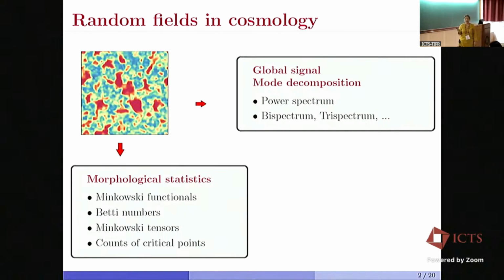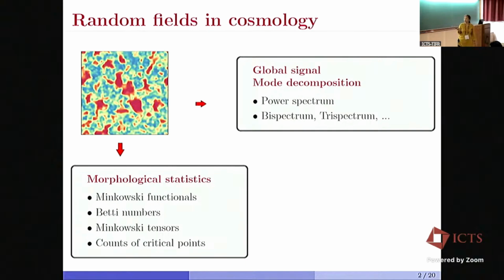An alternative way is to look at morphological statistics, which means that we construct excursion sets from the field levels, and we construct binary maps from field levels, and we look at the geometry and topology of those excursion sets. So instead of having the modes as your variable over which you are going to deconstruct your field, in this case, we have the field levels.